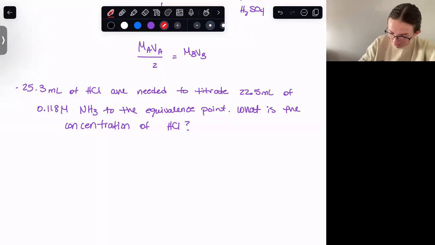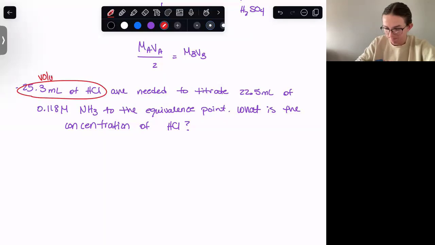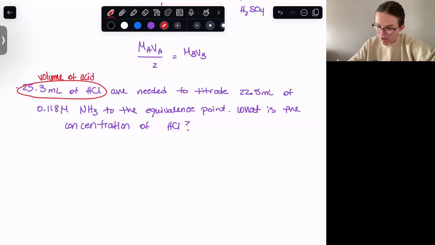Good. Yep. So this is our volume. And is HCl going to be our acid or base? Good. Okay. What about 22.5 mil?